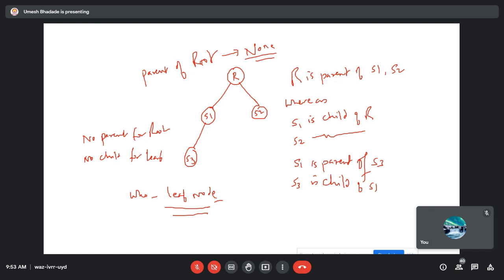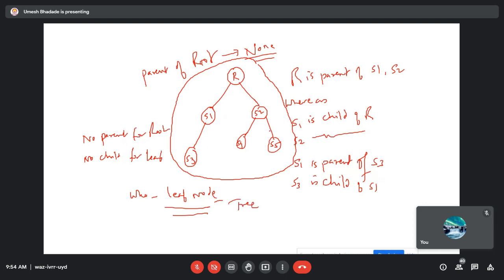Okay. Then suppose now I am drawing one more here, say S4 and S5. Now if I consider this as a whole, this I can call a tree.